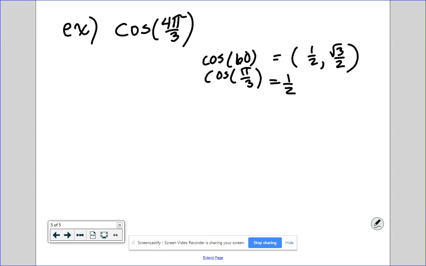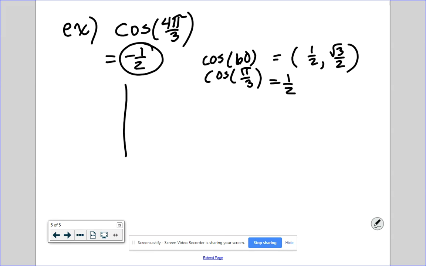So that's what it would be if it was in quadrant 1. But what quadrant is 240 degrees in? 3. And what do we know about quadrant 3? They're both negative. So cosine of 4 pi over 3 then is negative 1/2.